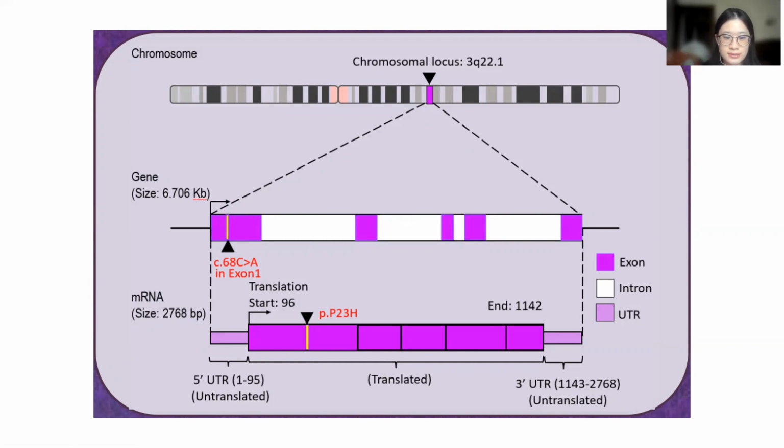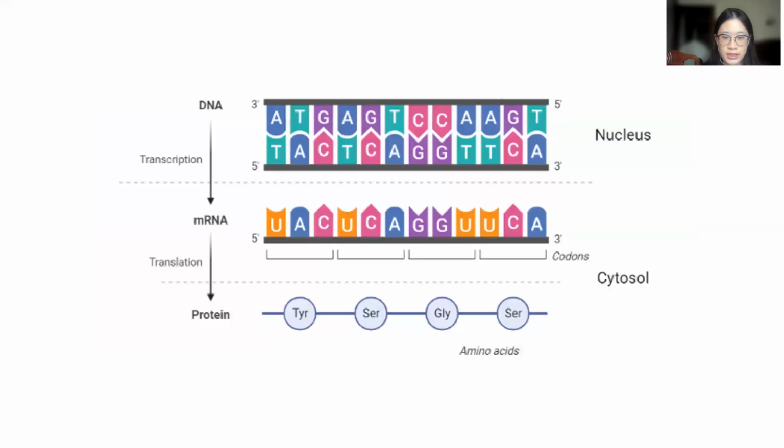So genes aren't directly changed into proteins. It's firstly converted into mRNA via a process called transcription that takes place in the nucleus in human cells.